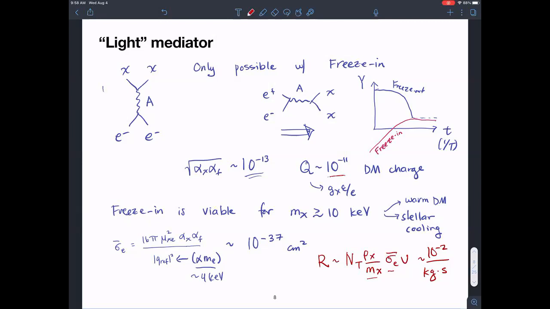Yeah, hello. Okay, so just a question here about this freeze-in mechanism. Given the huge abundance of dark matter density, we would require a lot of electron positron pairs present in the early universe, much more than what we see now.